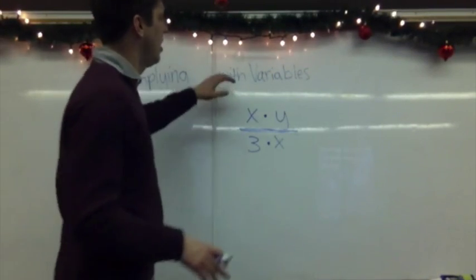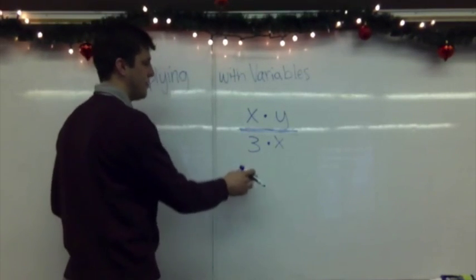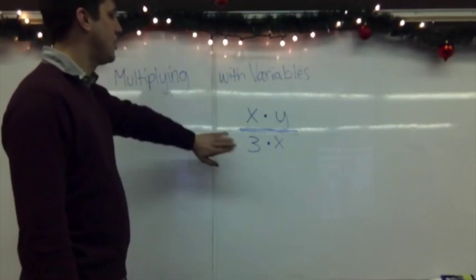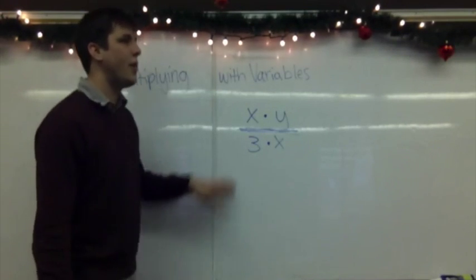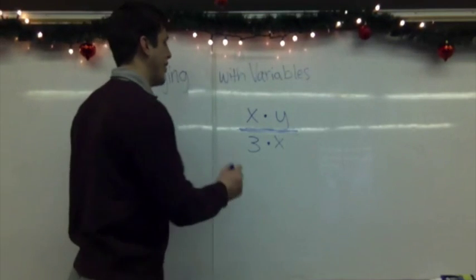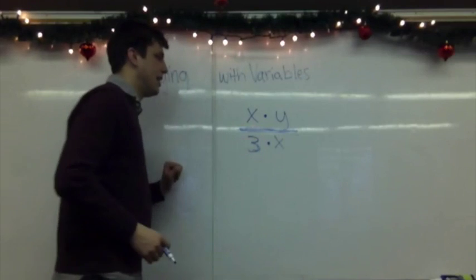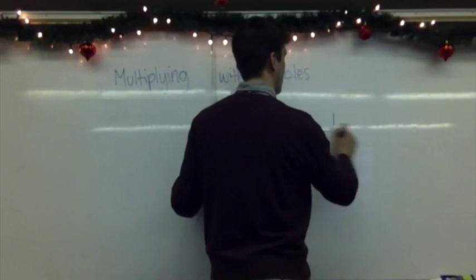So now we look up and down and we say, let's first find the numbers. There's not a number on top, there's a number on bottom. And you don't have to simplify the numbers further, but you could. You could note that a 3 on the bottom is actually the same thing as having like a 1/3.